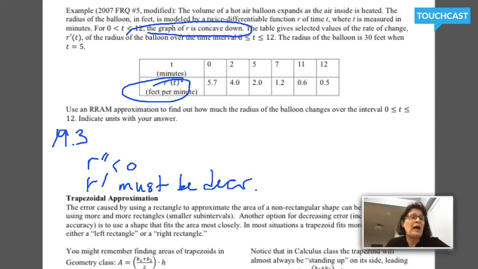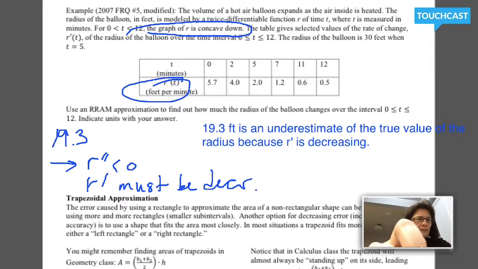Right? Because if R prime is decreasing, then R double prime must be negative. And I know R double prime is negative. So I'm going to write up my answer. So their answer I've written up: 19.3 feet is an underestimate of the true value of the radius because R prime is decreasing.